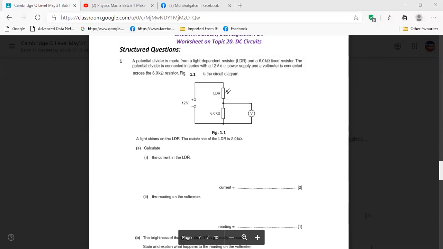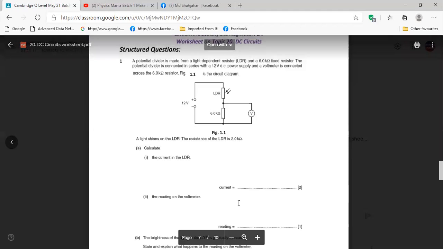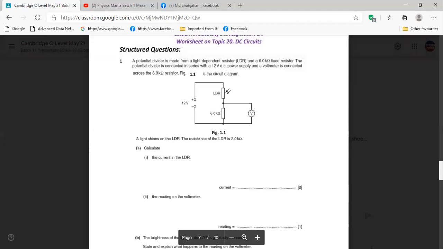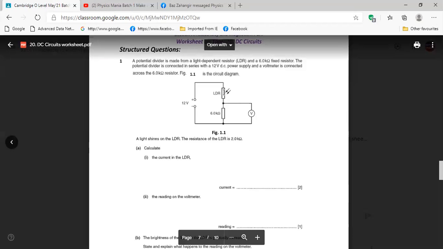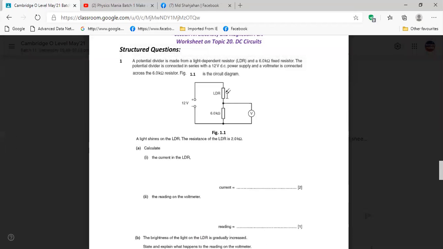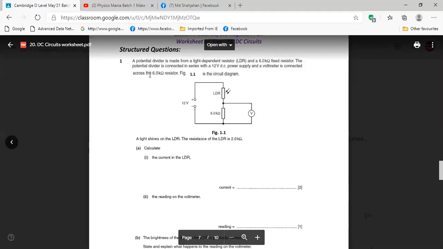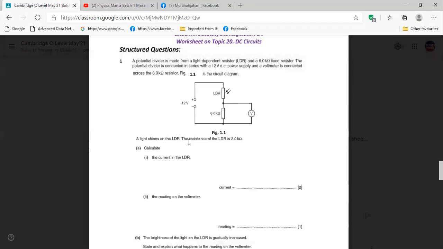So 6 ampere. How six? Like V equals IR. A light shines on the LDR. The resistance of the LDR is 2 kilo ohms.